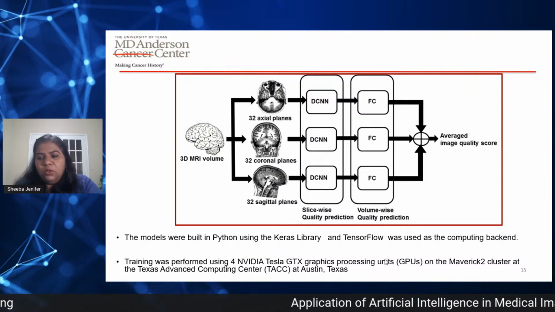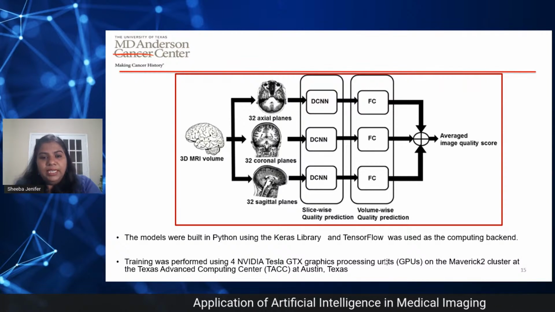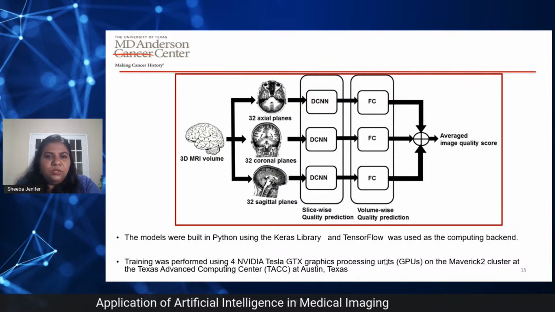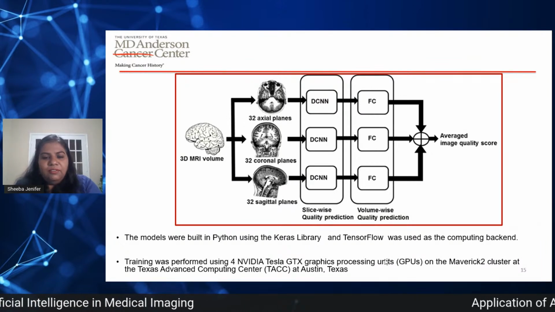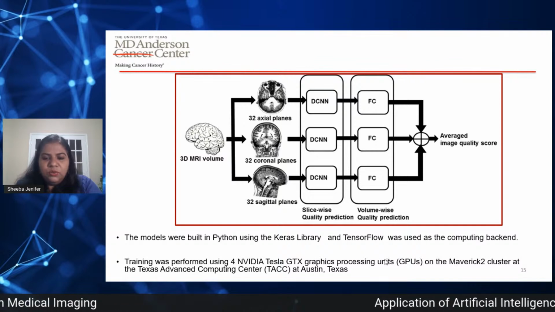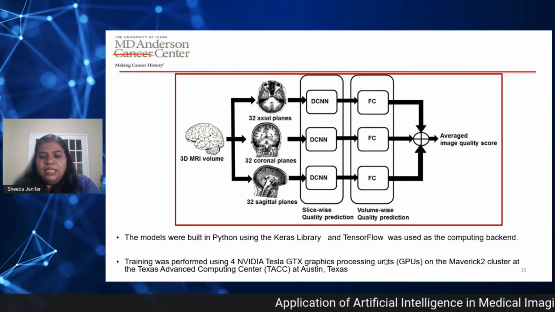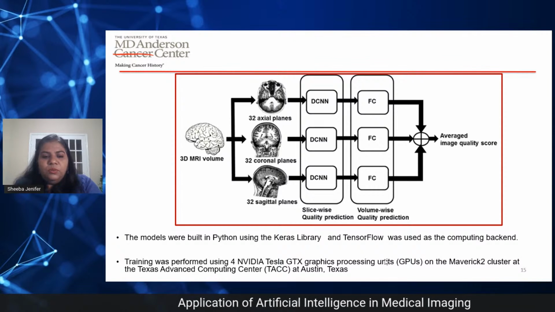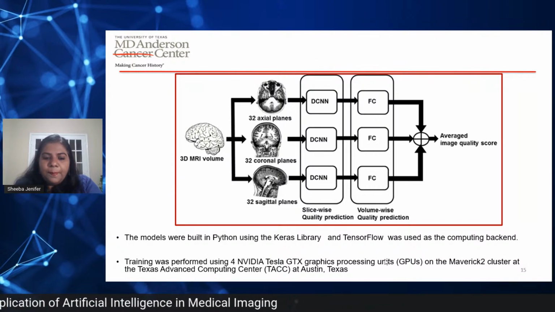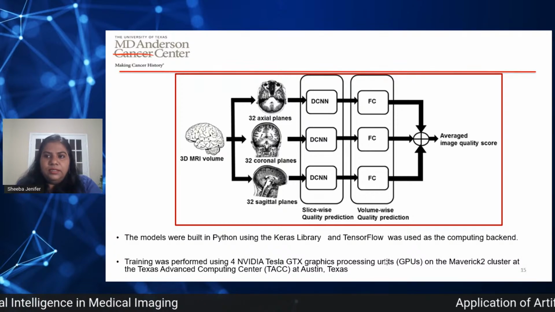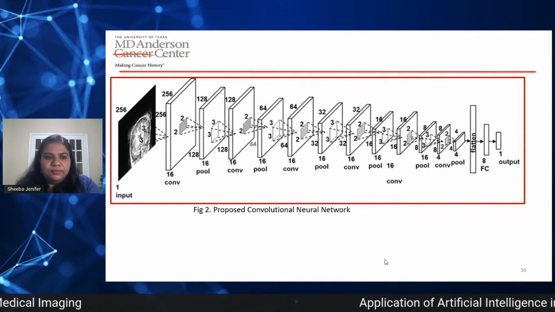As you know, this imaging data is big data, and we cannot process it using our laptops or CPUs. We need very fast supercomputers and high-speed GPUs for processing and training these models.